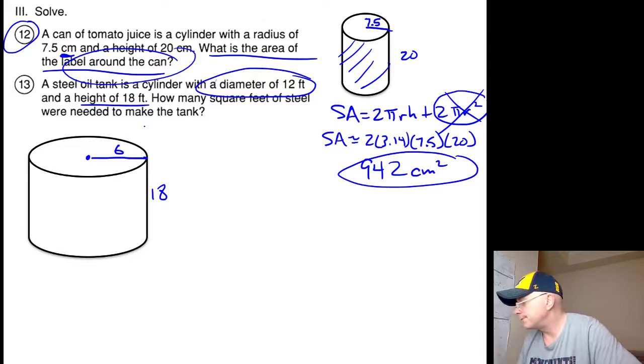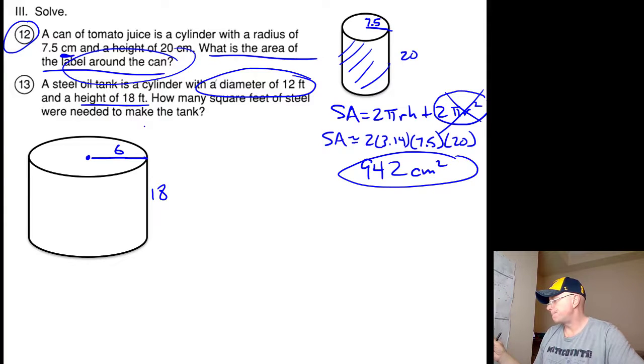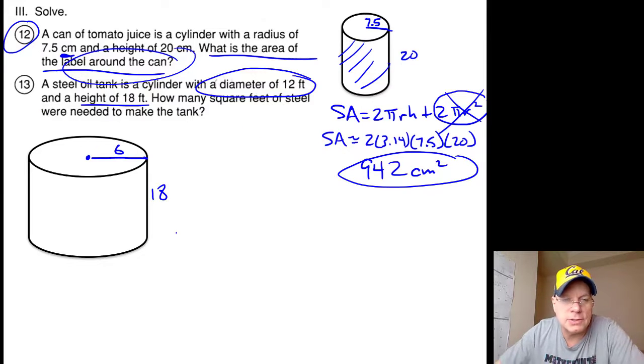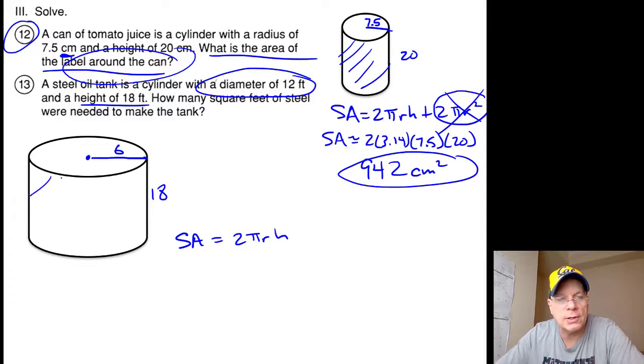Now this is interesting because, oh, yes, that's what I thought. All right, this is a good problem. Now I wouldn't expect many people to get this one right. You really need to understand this formula to solve this one. Surface area equals 2 pi rh. So that's the lateral area.